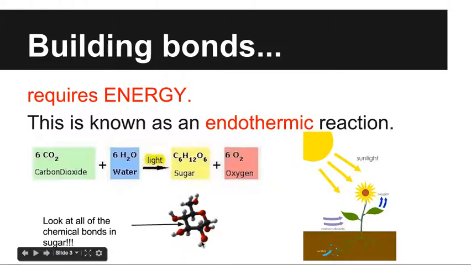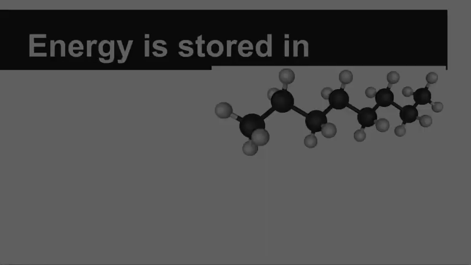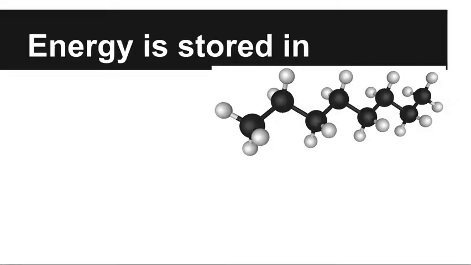There's a lot of bonds. Anytime you see a line here, there's a bond, and all of those bonds represent more energy that is trapped in that molecule. As you probably already know, when you eat sugar, you get a lot of energy because of all the bonds that are in sugar. So energy is stored in chemical bonds.